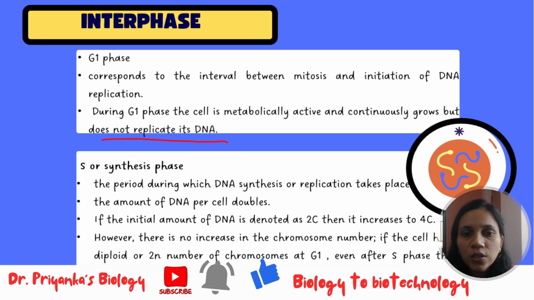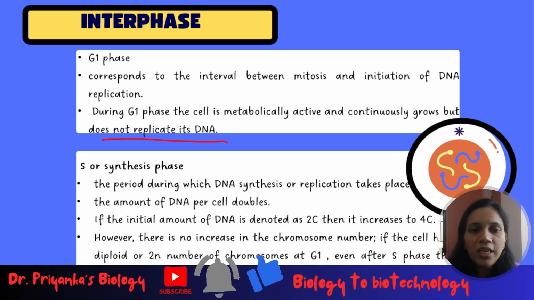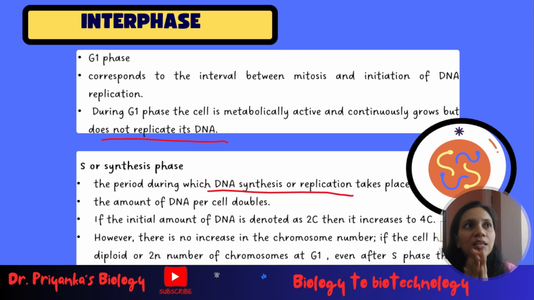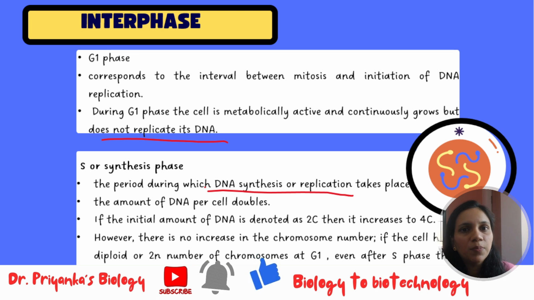Okay, so the next phase is your S phase, or the synthesis phase. In this phase there is synthesis of DNA, DNA synthesis or replication. That means what will happen to your DNA content? It is going to double.